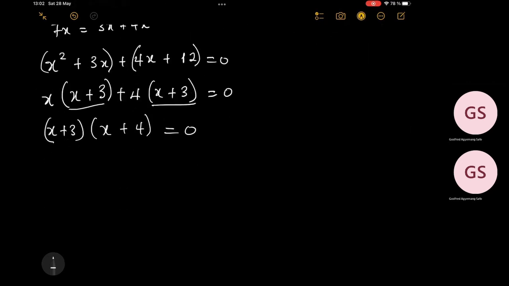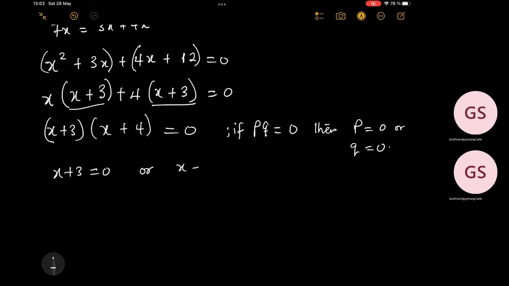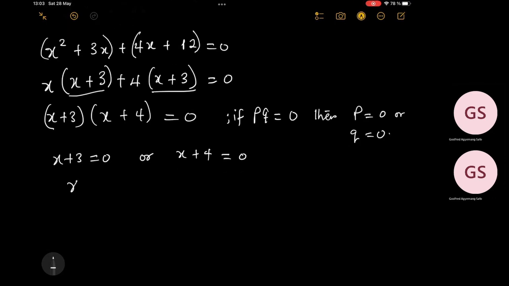From the idea that if p times q is equal to 0, then p is equal to 0 or q is equal to 0: if x plus 3 times x plus 4 is equal to 0, then x plus 3 is equal to 0 or x plus 4 is equal to 0. That means x is equal to minus 3 or x is equal to minus 4.